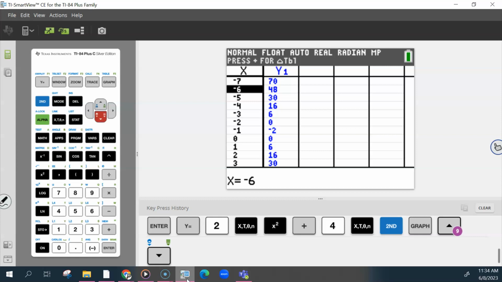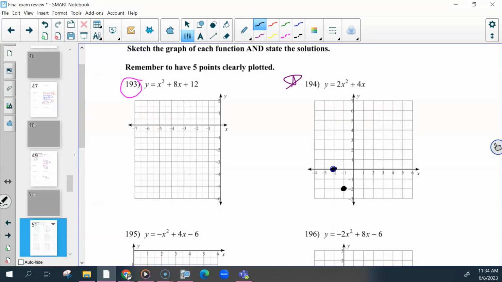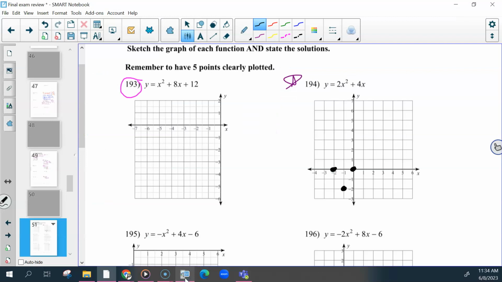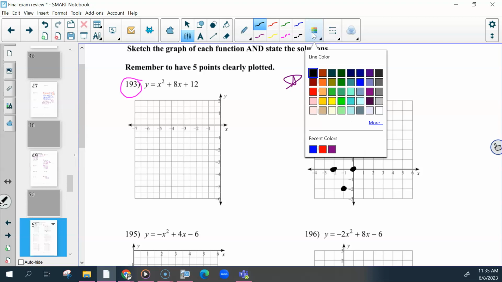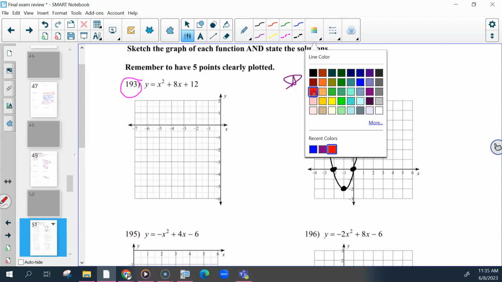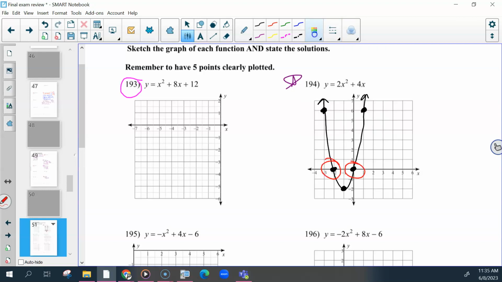So -2, 0, and 0, 0, and then -3, 6, and 1, 6. And then connect them, make a U shape through them, draw arrows at the top. This also says to state the solutions, so look at where this crosses the x-axis and write those as ordered pairs.